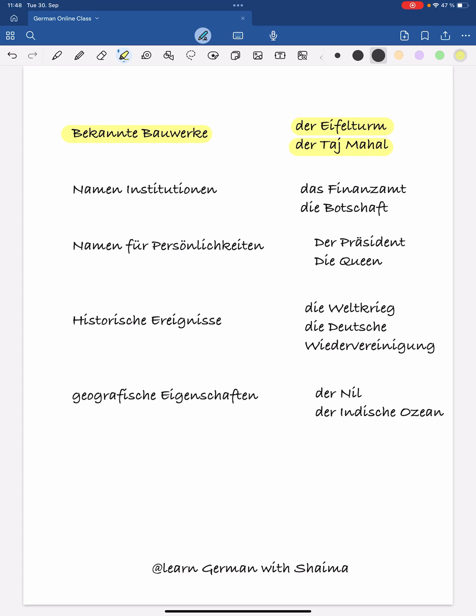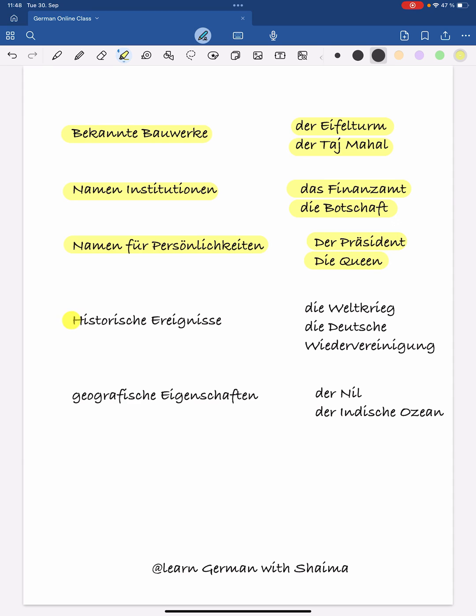If you're talking about the names of institutes, then you will also be using the bestimmter Artikel: das Finanzamt, die Botschaft. Talking about persons or Persönlichkeiten: der Präsident, die Queen.